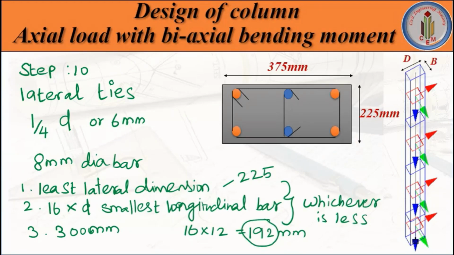So we have to use this one for spacing. So we can provide T8 at 190 mm center to center. So these are the lateral ties we have calculated.